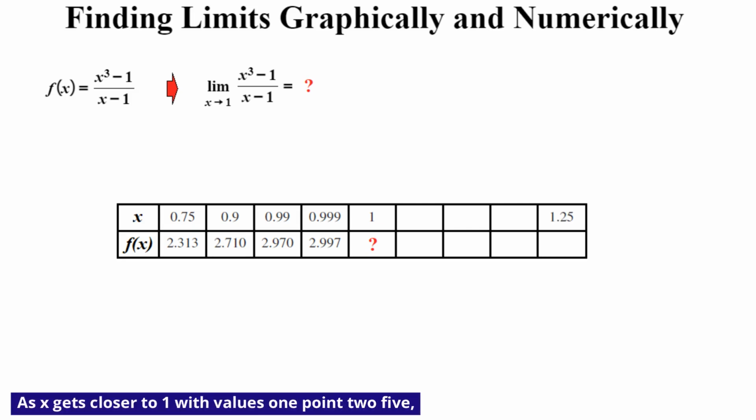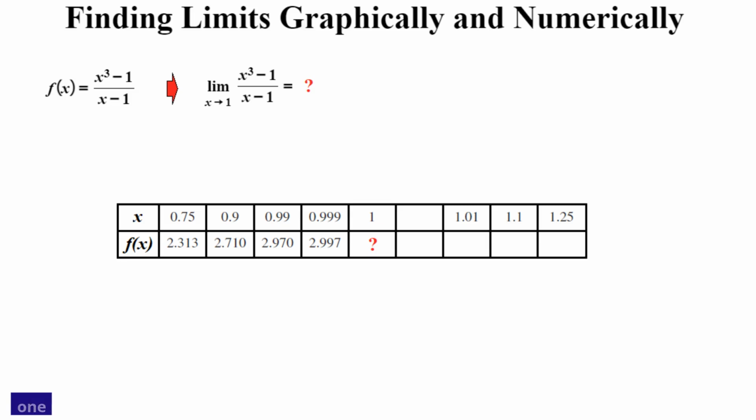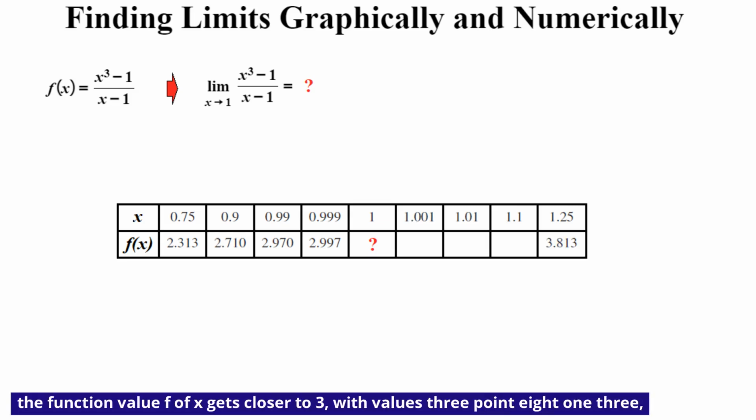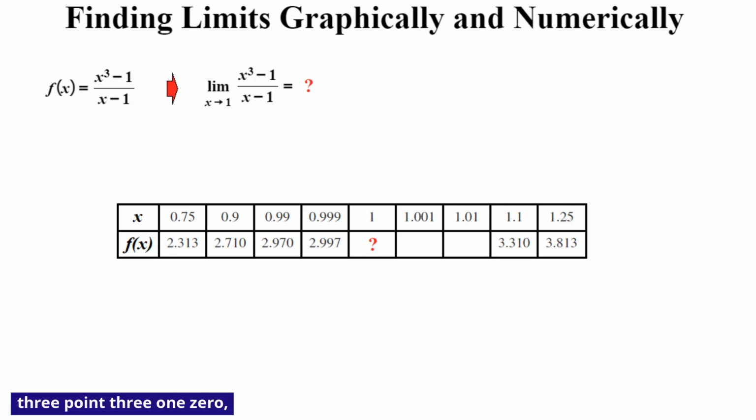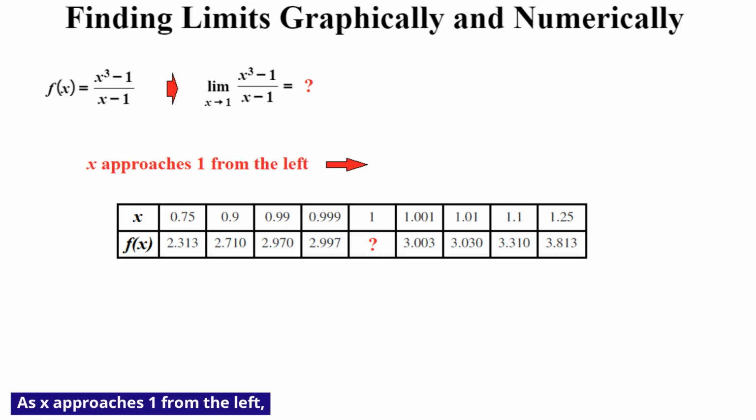As x gets closer to 1 with values 1.25, 1.1, 1.01, and 1.001, the function value f of x gets closer to 3 with values 3.8, 3.310, 3.030, and 3.003. As x approaches 1 from the left, the function value gets closer to 3.